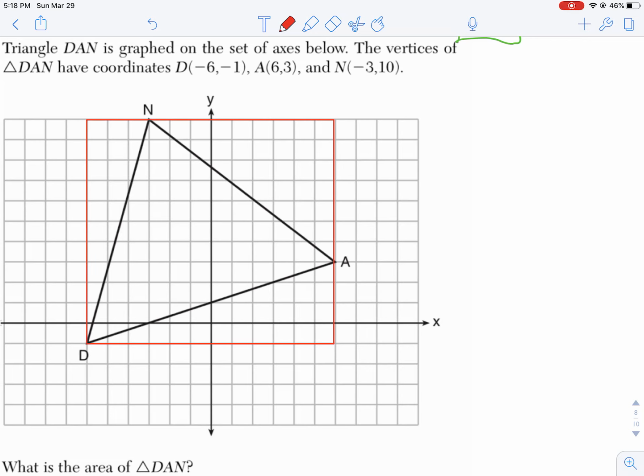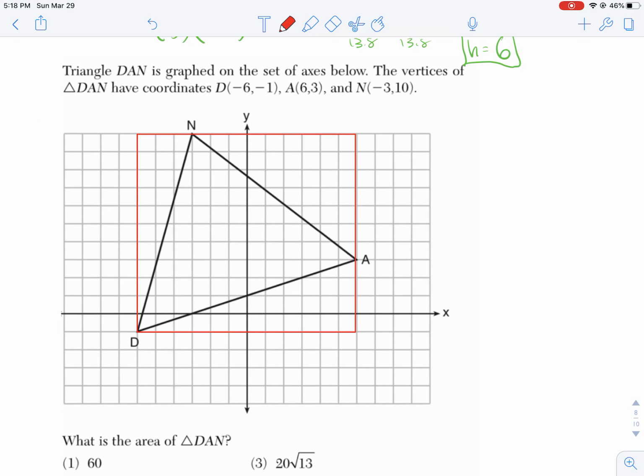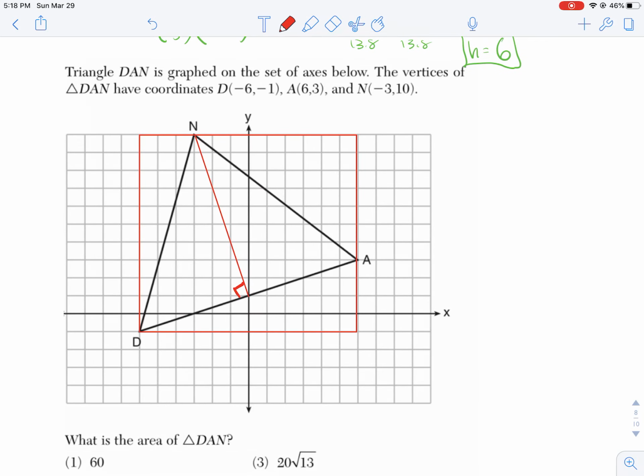So what I did was I just inscribed the triangle inside of this rectangle. All right, and you're probably wondering, why the heck would you do that? Well, because it wants us to find the area of this triangle. Now, unfortunately, in order to find the area of a triangle, you need the base and the height. And because this isn't a right triangle, our height would actually be somewhere about there.